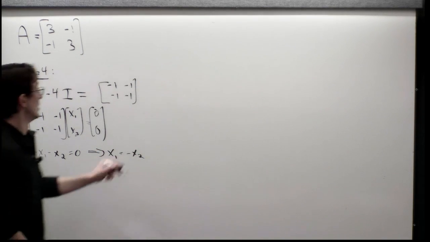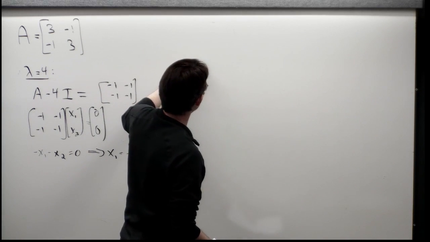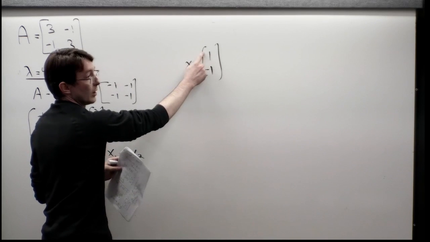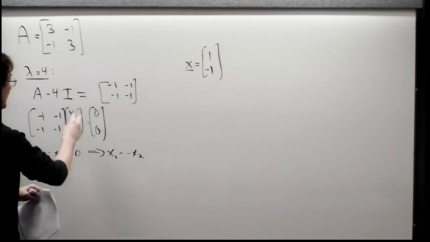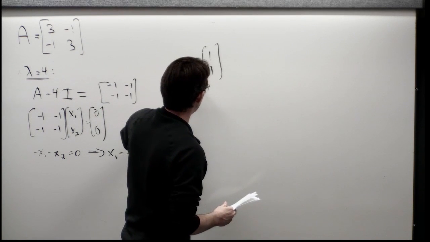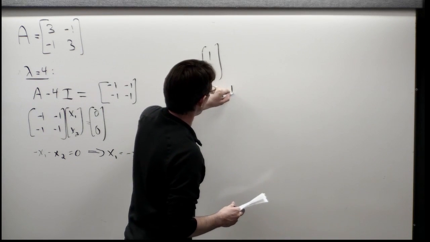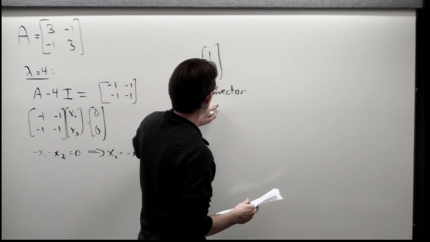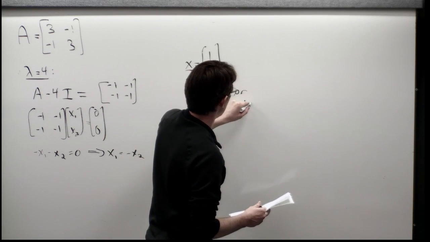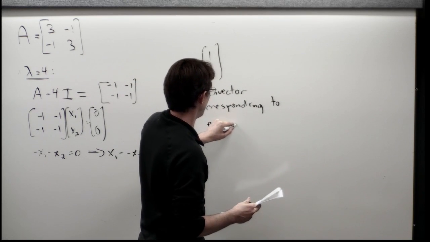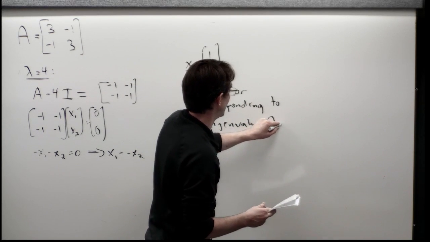So this solution, x equals (1, -1), satisfies this system of equations. And so this is another eigenvector, the eigenvector corresponding to the eigenvalue lambda equals 4.